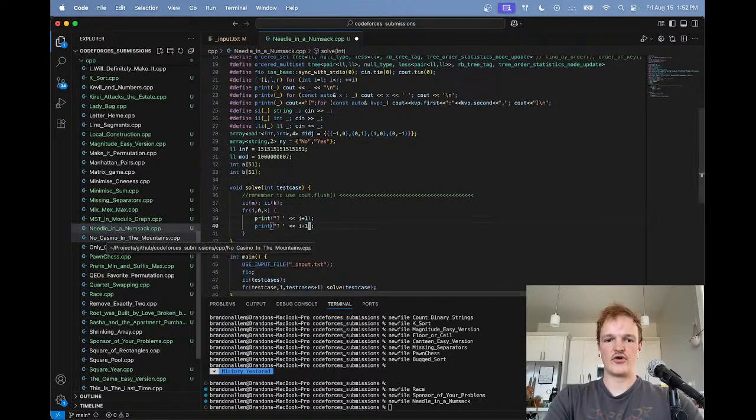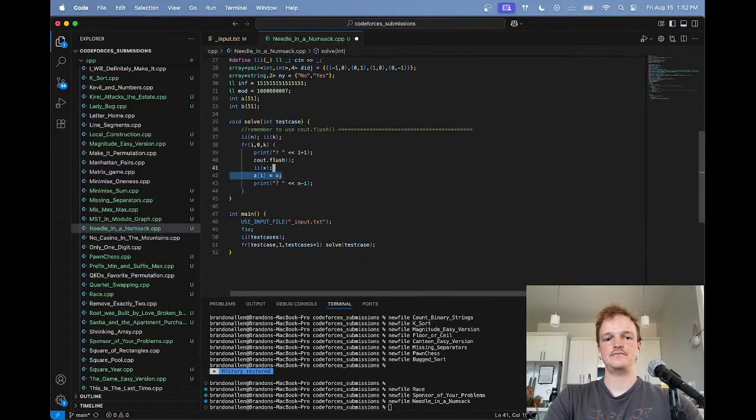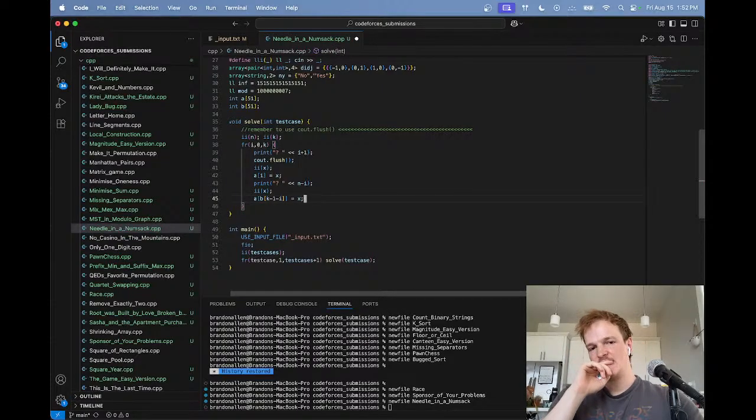Okay, and then also n minus i. And then this is b at k minus 1 minus i. So with this, I should get some sort of large sequence for A and B, or not very large, some sort of sequence.